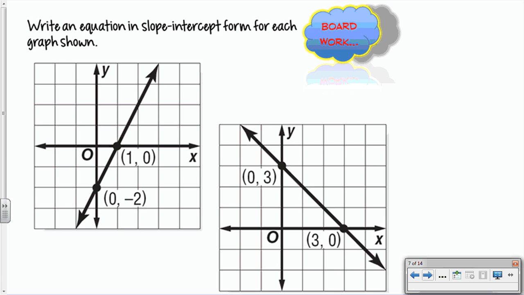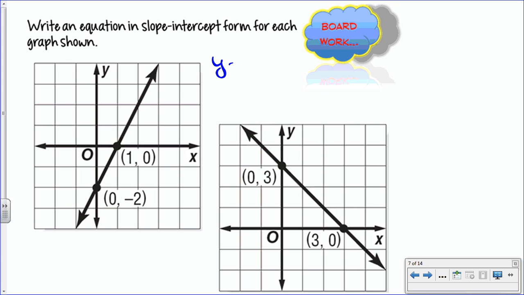Write an equation, slope intercept form of each graph shown. Okay, so slope intercept form is, okay, write these down as we go. So all I gotta do is plug in my information. What's my b here? -2, good, it's right there, right? How do I know that that's a y-intercept?